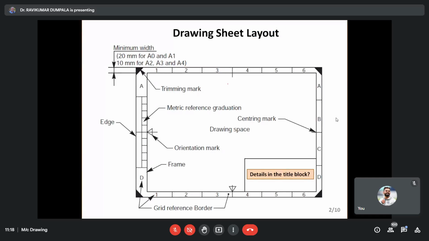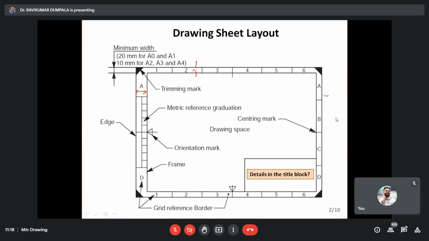Again, this is the standard sheet layout from the BIS standard book which I have shared with you. No need to draw this many complex lines, I have given it just to give you an idea. The only thing to remember is the left side border has more width, almost double the other sides.